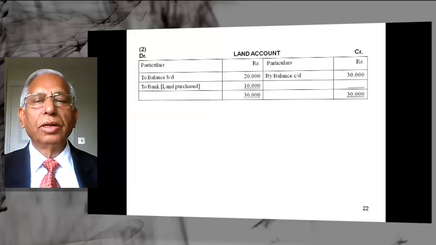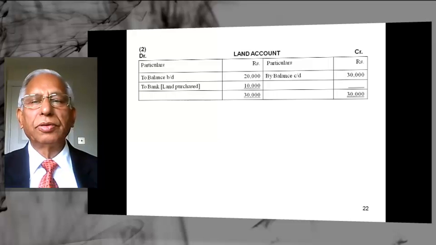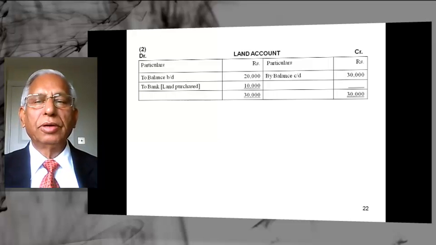In the case of land, this is an outflow item. So we are completing this account by writing to bank. If he had given this information in the question, well and good. If he doesn't give, then we will complete this account and the balancing figure will be taken as inflow or outflow, and the account will be completed by writing to bank or by bank.